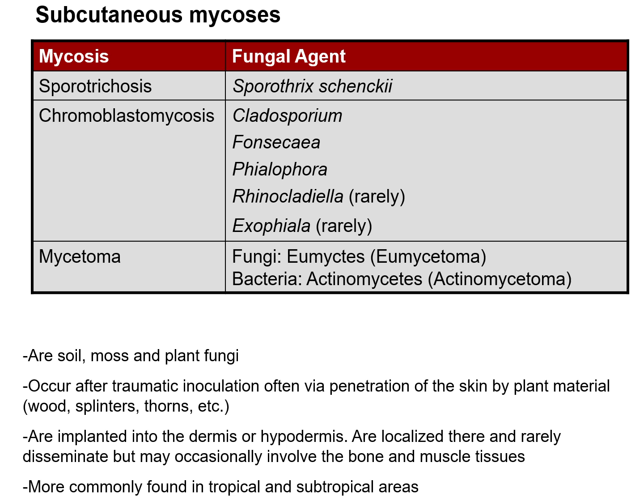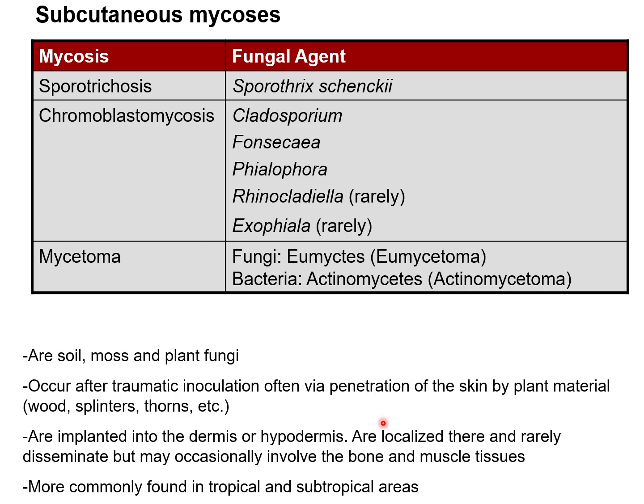The various types of subcutaneous mycoses are sporotrichosis, chromoblastomycosis, and mycetoma, which can be caused by fungi or bacteria, and we'll be discussing these in this section. So these are environmental agents, as I mentioned earlier, and then we get them after traumatic inoculation and penetration of the skin. And so they become implanted into the dermis, into the hypodermis. They stay there.